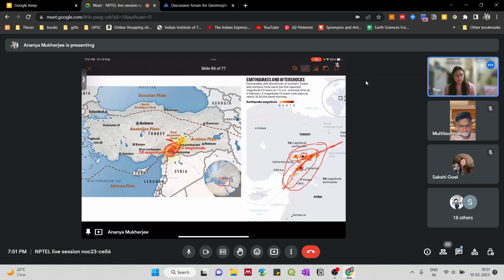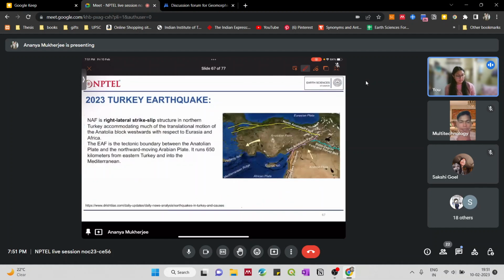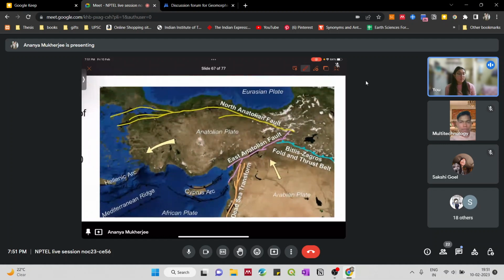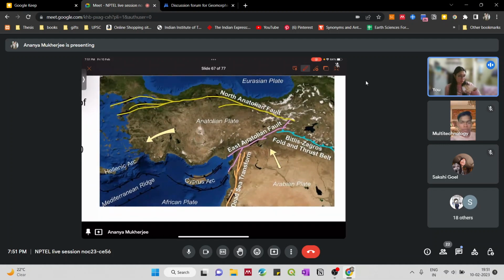So in the next slide we will see the movements of the different plates that are associated with the Turkey region. Over here this is the fold and thrust belt. You can see that the Arabian plate is moving this side, and the Anatolian plate is moving away from here. Because of the movements over here, the North Anatolian fault is meeting the East Anatolian fault in the Eurasian plate.